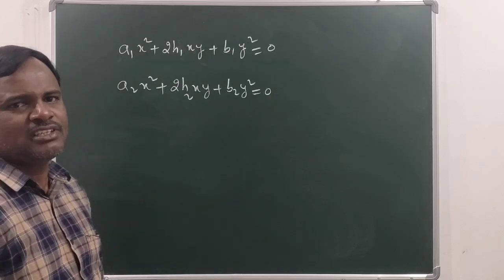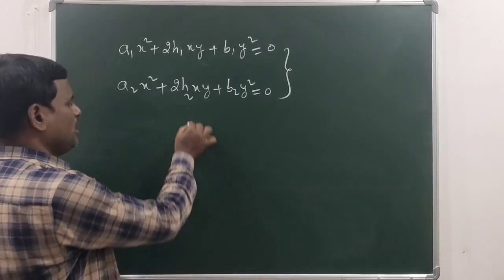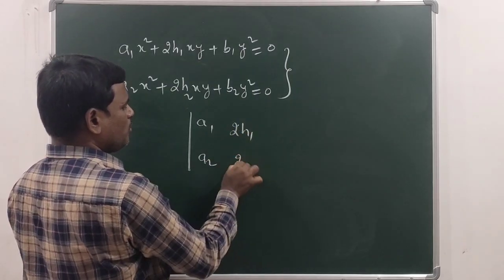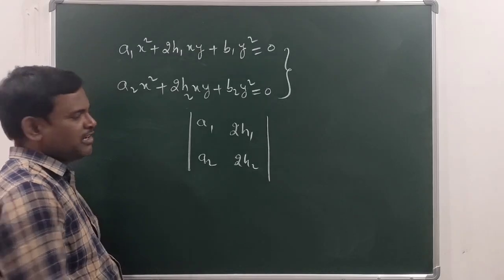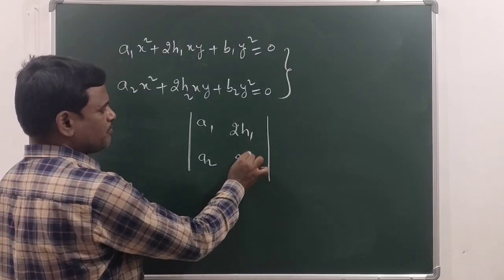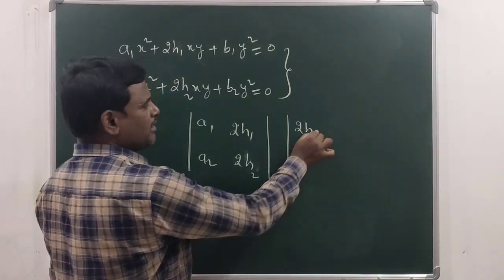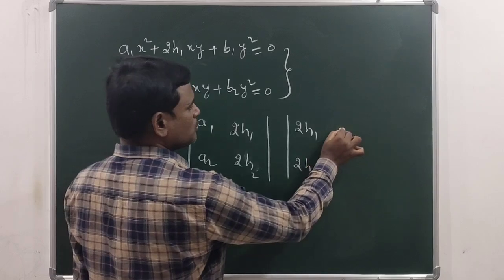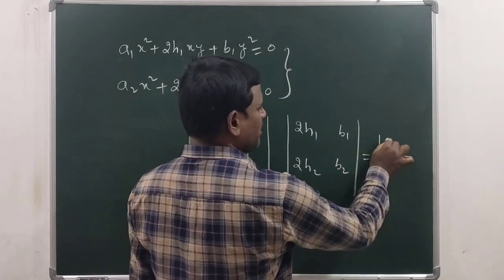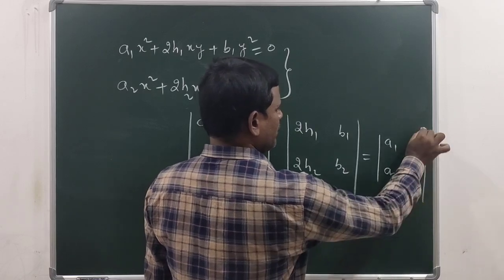These two contain one line in common if and only if the determinant of a1, a2 in the first column and 2h1, 2h2 in the second column, into the determinant with b1, b2 in the first column and 2h1, 2h2 in the second column, is equal to the determinant of a1, a2, b1, b2 whole square.